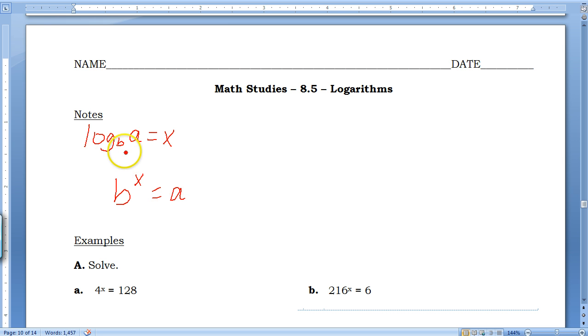Most calculators don't have a log where you can choose the base. They either give you base 10 or base e, which isn't something we're going to talk about. But basically, if you have it in this form, you can use the change of base: the log of a divided by the log of b is equal to x.